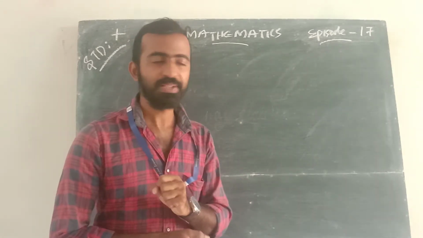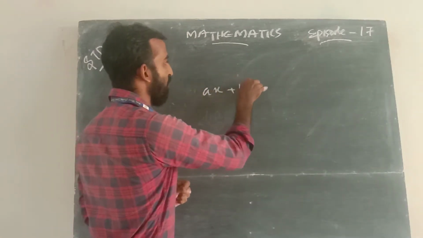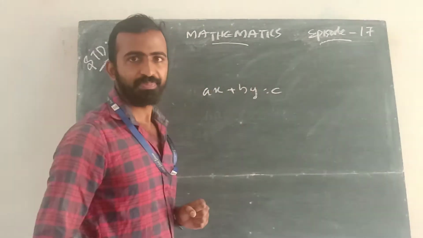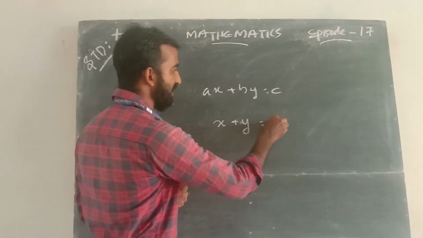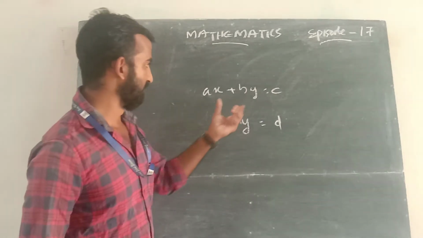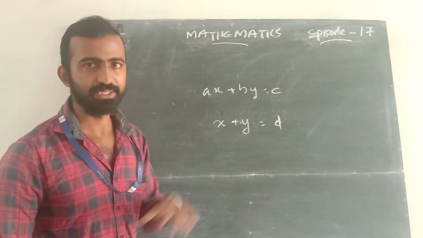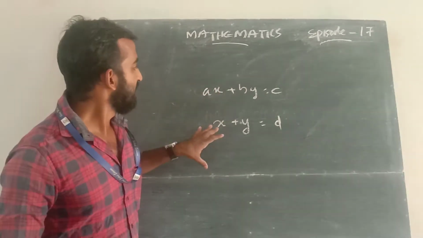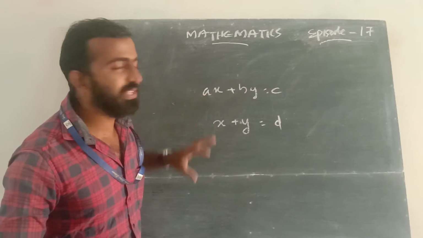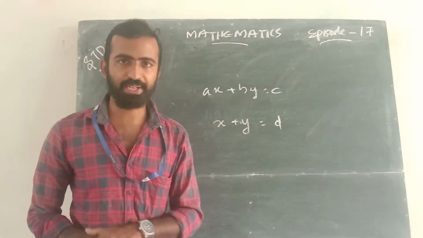First step: here ax plus by equal to c and x plus y equal to d. These are two linear equations. First we eliminate the coefficient of x or y as you like.